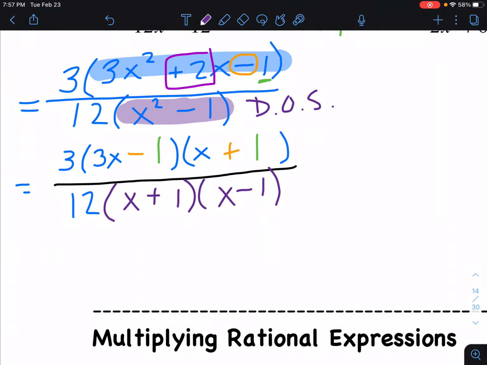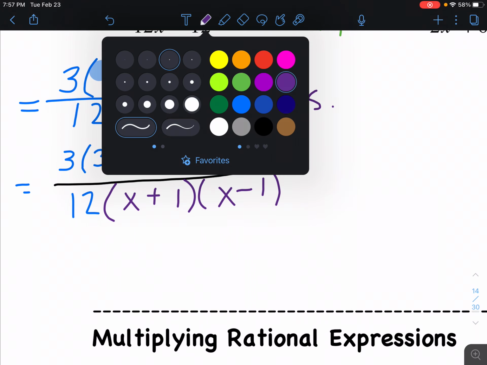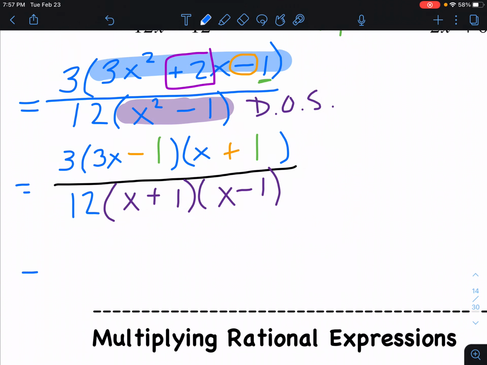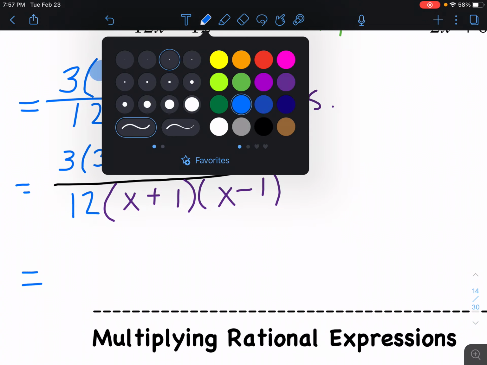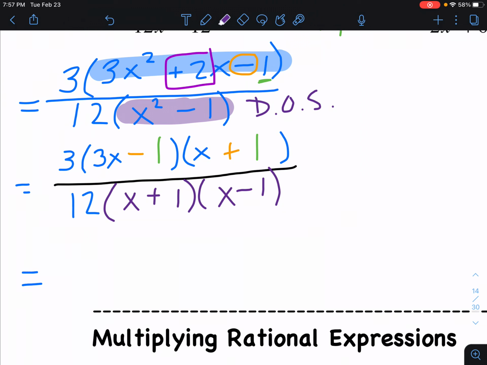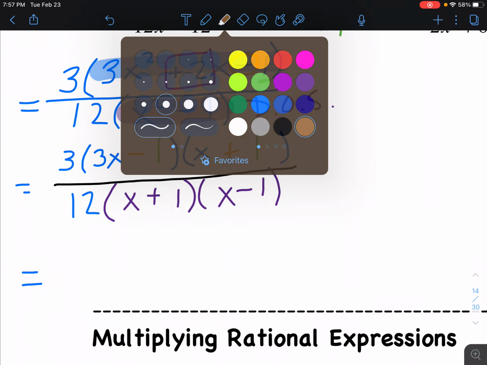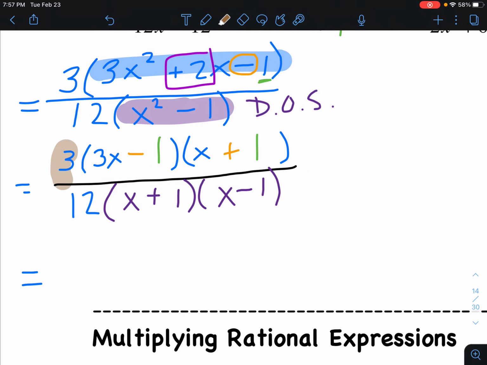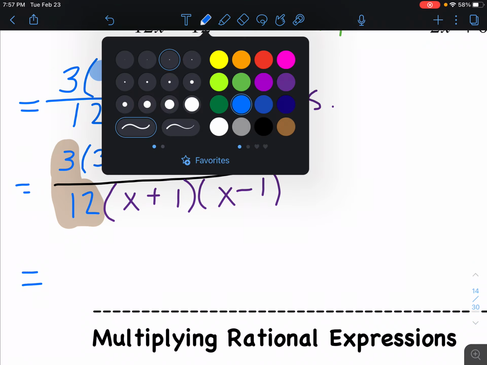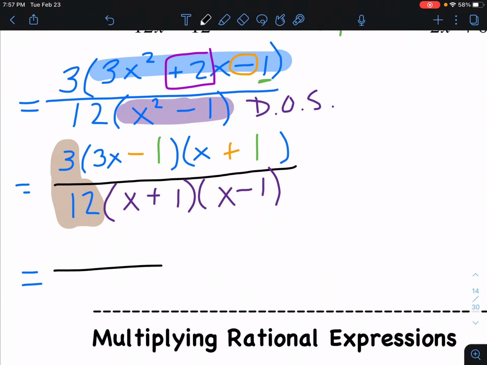Now, what I usually tell people is, bear with me here on my color tools, look at the normal numbers. You've got a 3 and a 12. What would 3/12 reduce to? 3/12, each number would divide by 3 to get 1/4.